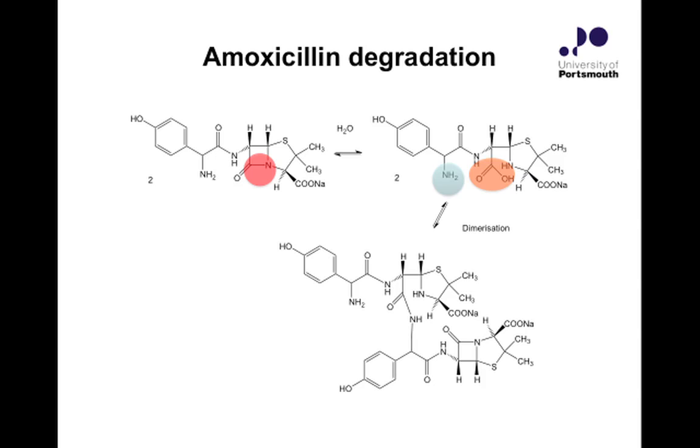If two molecules have decomposed, those two molecules can now react with one another to form a new amide bond, hence multimerization. Now you can see that process can continue because we still have a beta-lactam ring in the dimer.